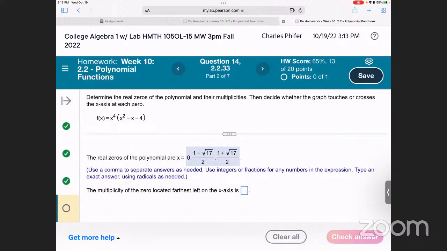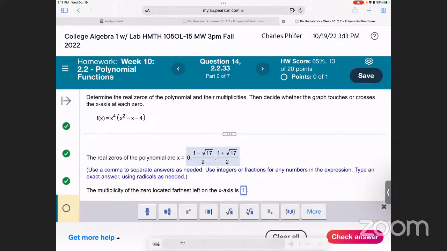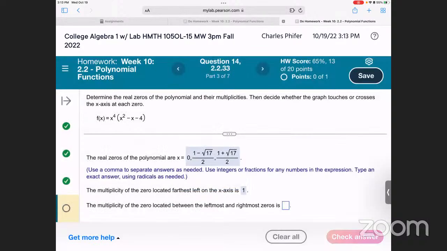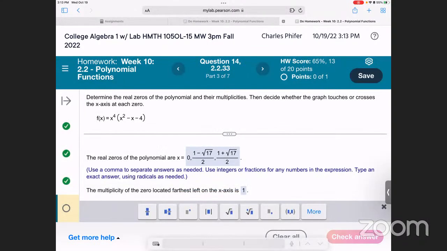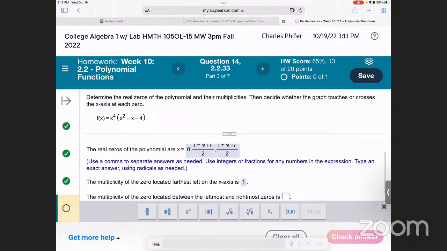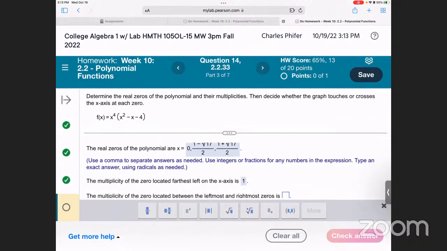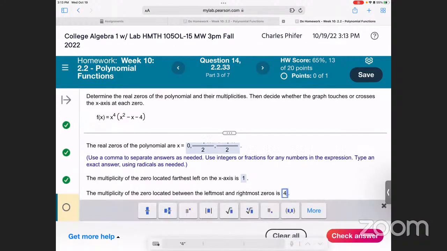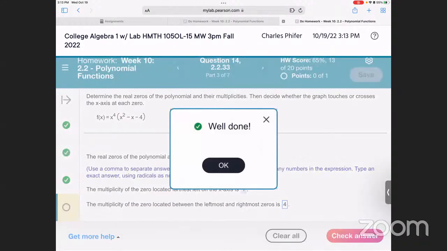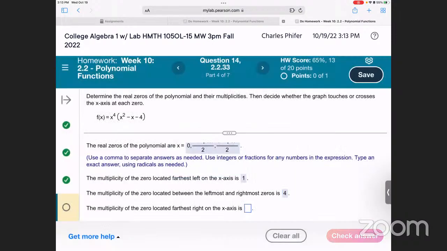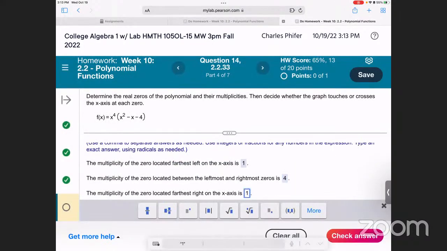So the leftmost 0 is the 1 minus the root 17. That occurs once. So its multiplicity is 1. The middle 0 being the origin has a multiplicity of 4. So that multiplicity is 4. And then the rightmost one is 1 again, because those zeros occur once.